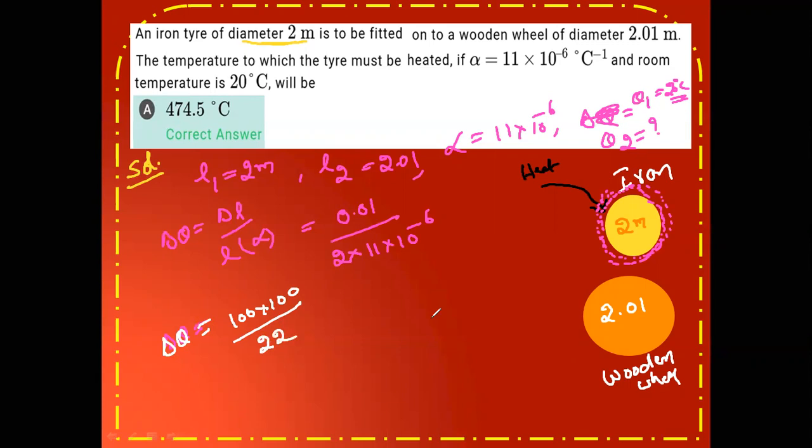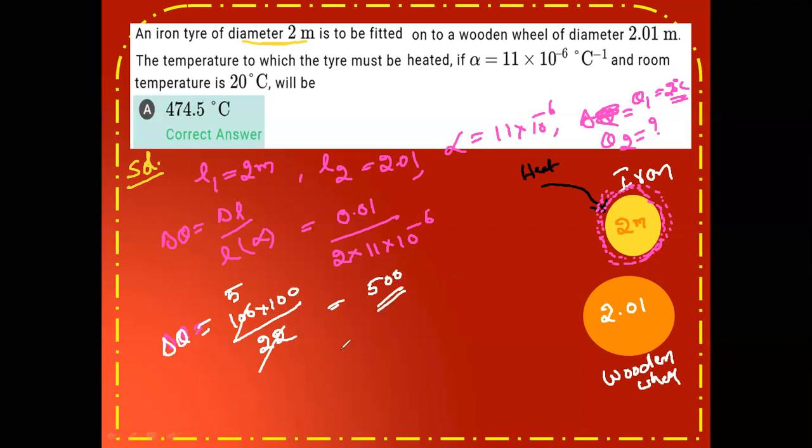I think I am not wrong. Okay, so approximately I can take this as 22, so it should be 5 only. 25 I am taking, it should be 5 only. So near value I can take as 500.